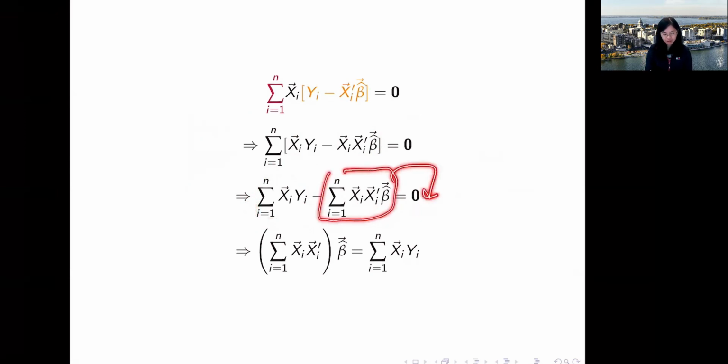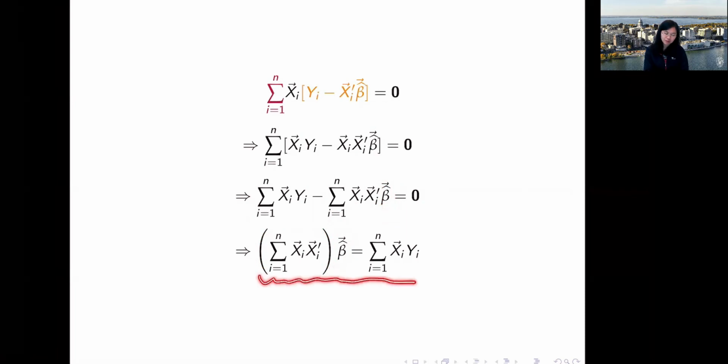this to the other side of the equation, and also realize that this beta hat is common across all the i's, so it doesn't depend on i, so it can be factored out of the summation. This beta hat vector can be factored out of the summation because it doesn't have an i subscript. So what we have gotten is this.